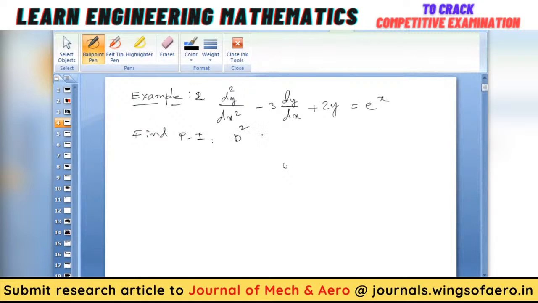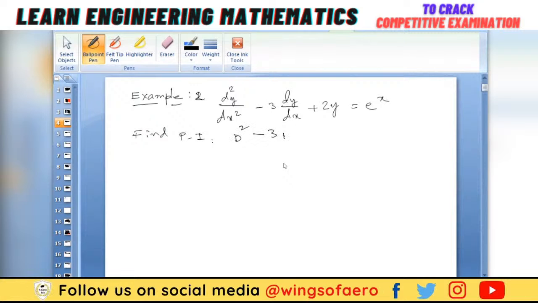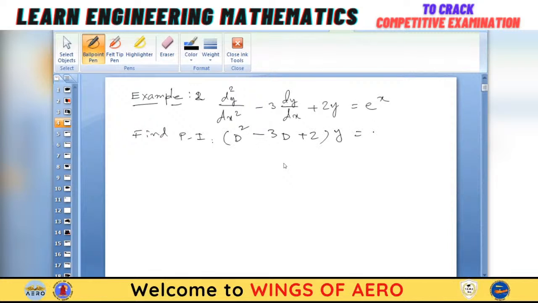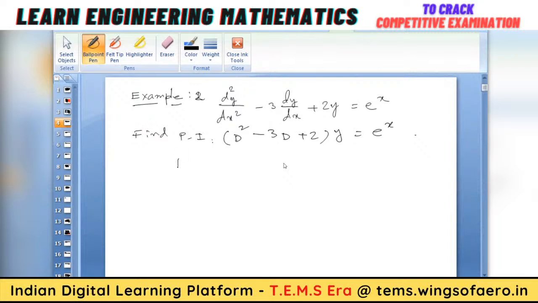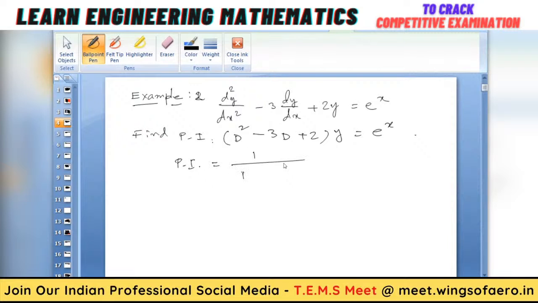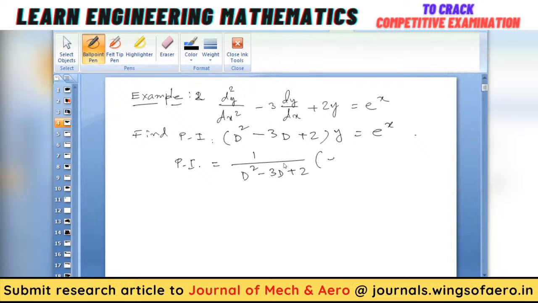This equation can be written as d square minus 3d plus 2 of y is equal to e to the power x. So correspondingly, the PI will be 1 by d square minus 3d plus 2 of e to the power x.